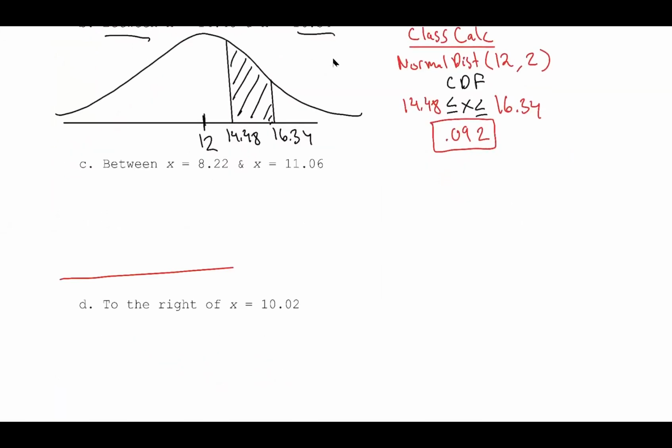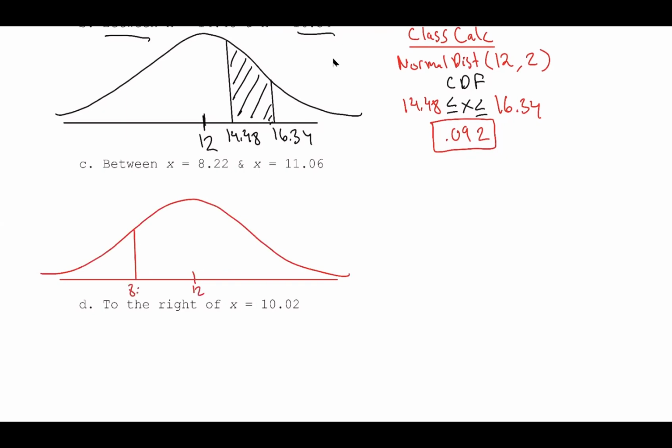So if you look at C, C is pretty much the same thing. You draw this out, you put in the middle 12, you go 8.22, and you get 11.06. So if you look at it, it says between. So between means you say in between.